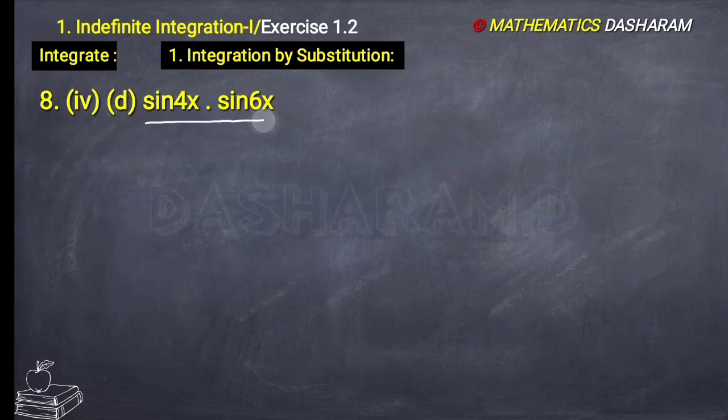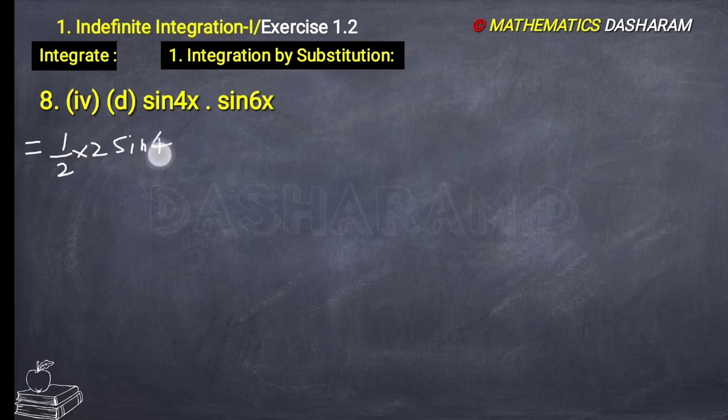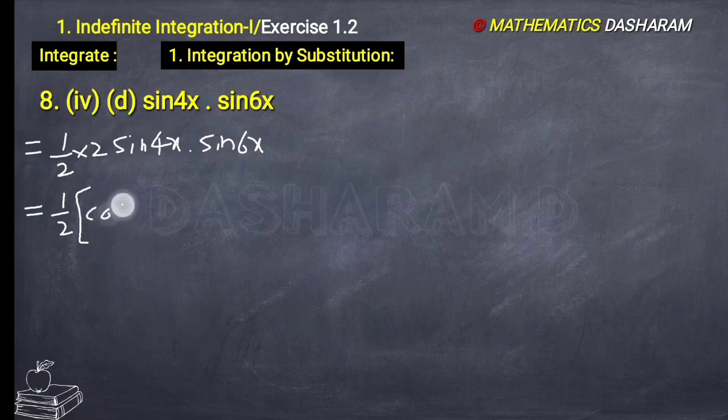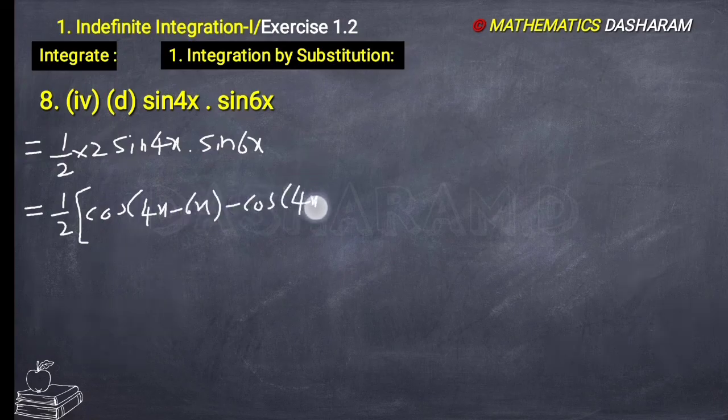D question, sin 4x into sin 6x. So 1 by 2 into 2 into sin 4x into sin 6x. It is equal to 1 by 2 bracket of 2 sin A into sin B. Formula is cos A minus B minus cos A plus B. So cos 4x minus 6x minus cos 4x plus 6x.